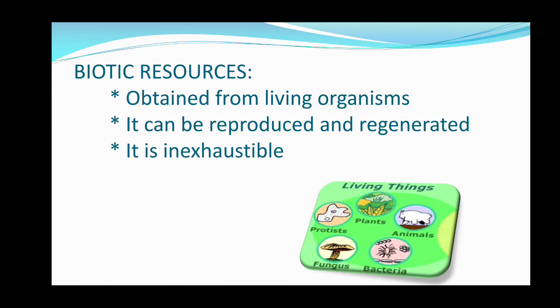For example, fish can reproduce its varieties. Animals can reproduce. These are called reproduction and regeneration. Fishes, animals, birds can reproduce and regenerate their resources in a natural way.